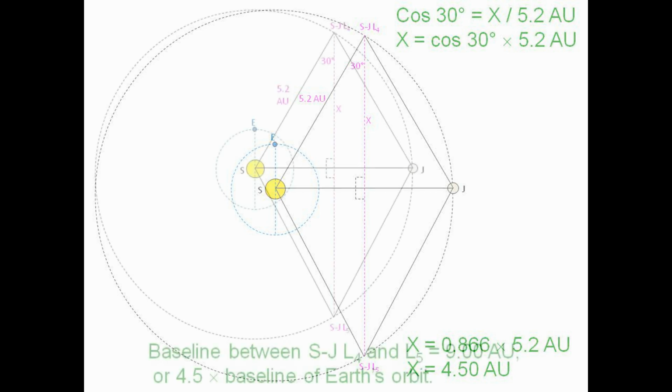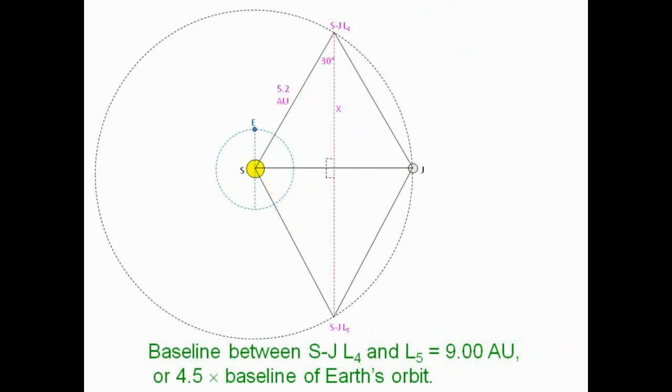The whole distance between L4 and L5 is twice that, or right at exactly 9 astronomical units across that. Compare that to the baseline of the Earth's orbit, which is 2 astronomical units. So it's 4.5 times as wide a baseline if we use those to measure stellar parallaxes from.